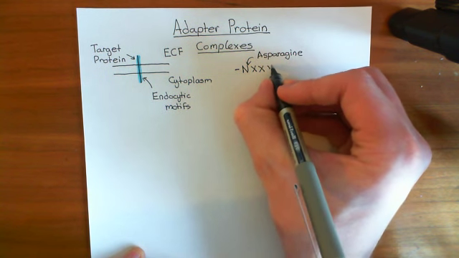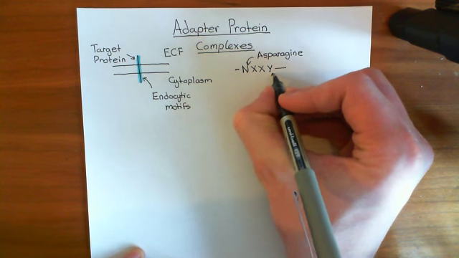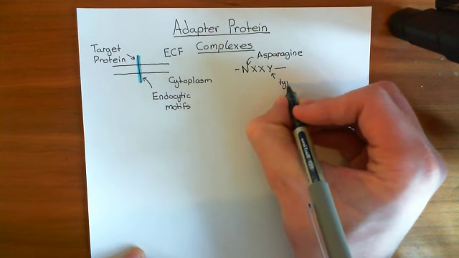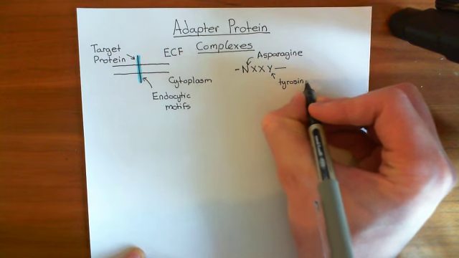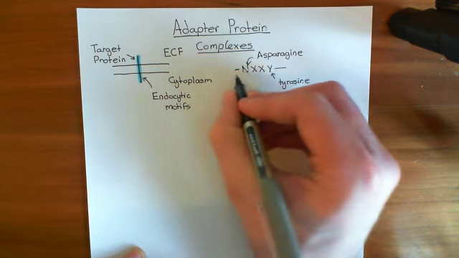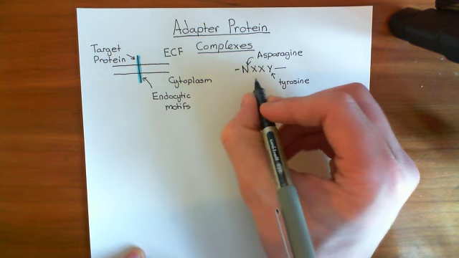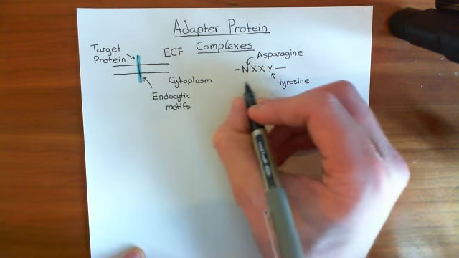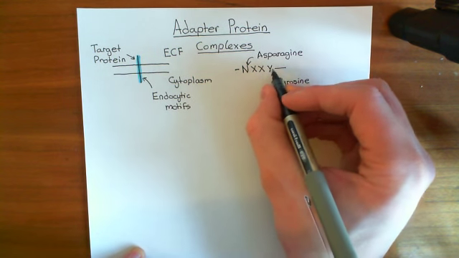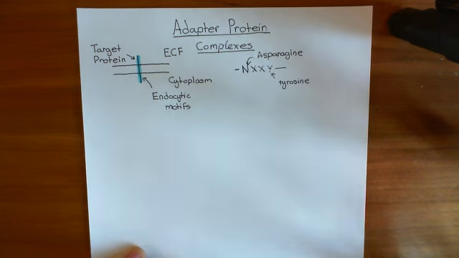And then finally Y, which denotes the amino acid tyrosine. This is an example of an endocytic motif that is very common. This is the one that was in the LDL receptor cytoplasmic domain, and is the one where you can get this tyrosine residue mutated to a cysteine residue, and that produces familial hypercholesterolemia.